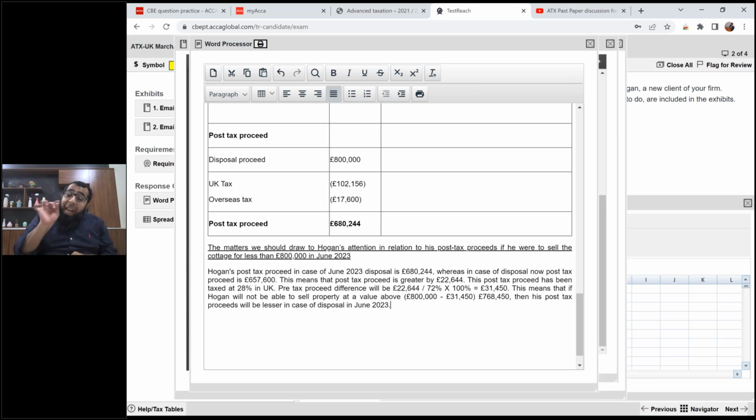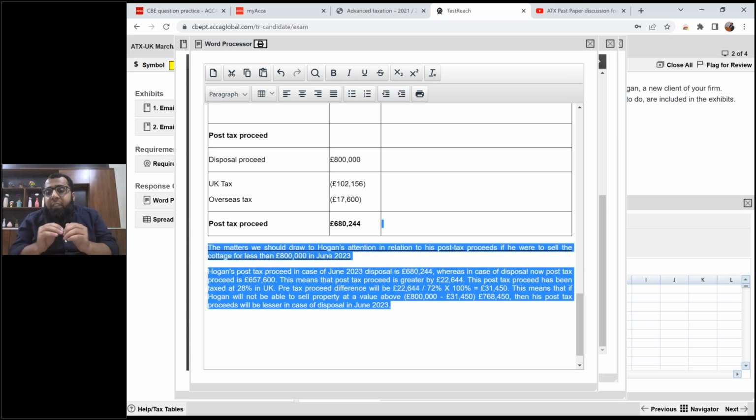But from the exam perspective, what I believe is that in the exam situation, the student's mind cannot go into that much technicality.